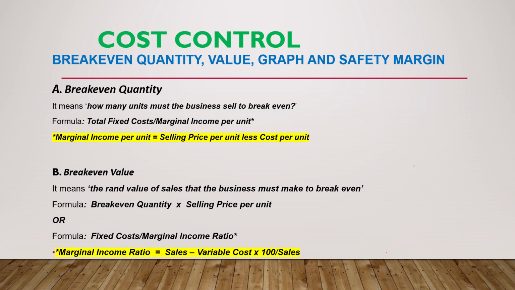The other formula you can use, depending on the information given, is your fixed cost divided by marginal income, not per unit, marginal income ratio.